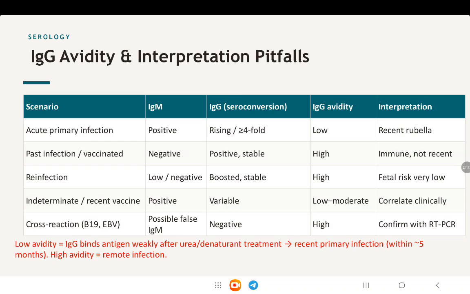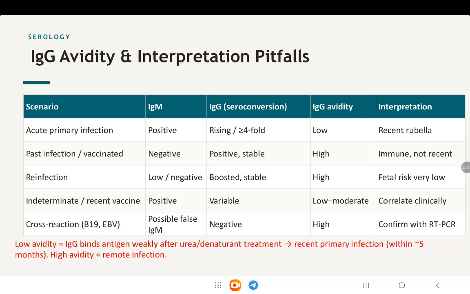IgG avidity interpretation and pitfalls. This slide explains IgG avidity, which is especially important during pregnancy infection. Avidity means how strongly the IgG antibody binds to the virus. Immediately after a new infection, the antibodies bind weakly to the virus.